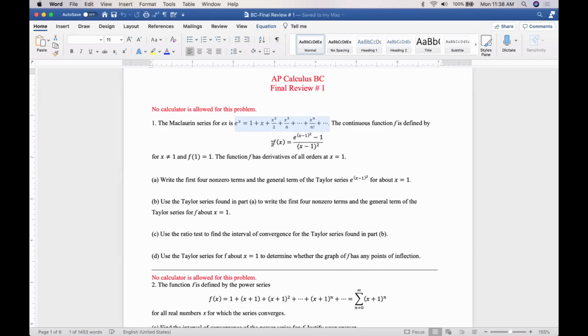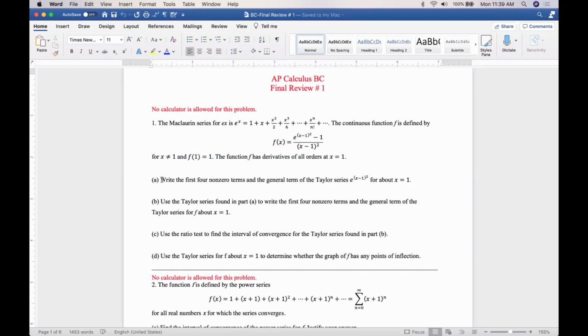They said there's a function f of x which equals (e to the x minus 1) all squared minus 1, over (x minus 1) all squared, for x does not equal 1. And f of 1 equals 1, so this is another given here. The function f has a derivative of all orders at 1.